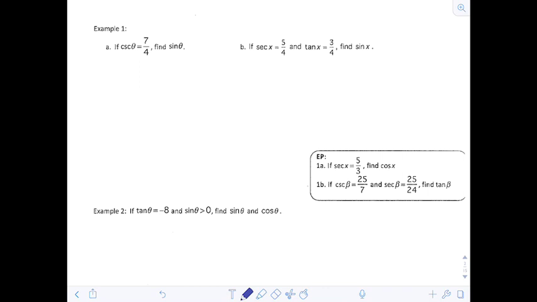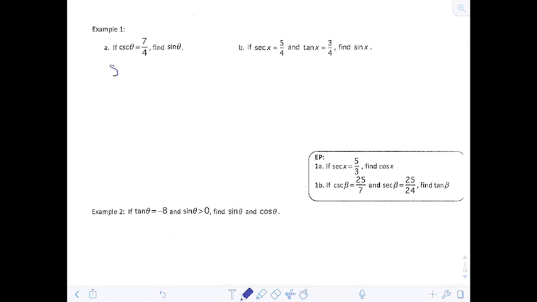So first of all, we've got the cosecant of theta equals 7 over 4. So we want to find the sine of theta. Well, we can use the reciprocal identity. We know that the sine of theta is equal to 1 over the cosecant.